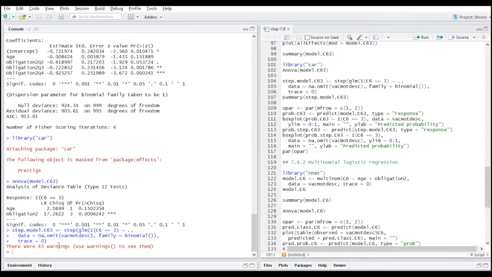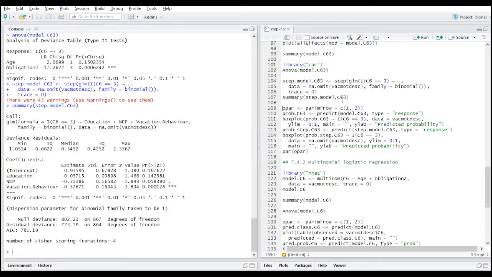These are the warnings: while we were running that stepwise procedure, some of the models we were considering had this problem, but that doesn't mean it applies to the final model, where we have omitted variables. So let's look at the final model which was obtained using that stepwise procedure.